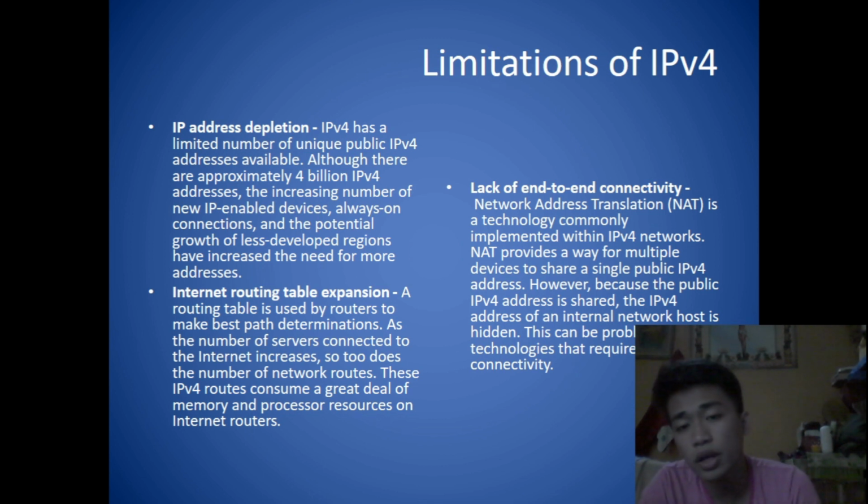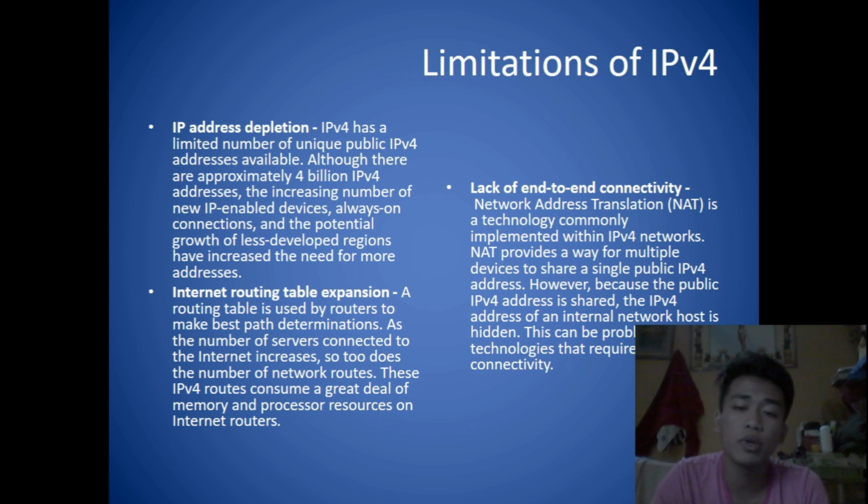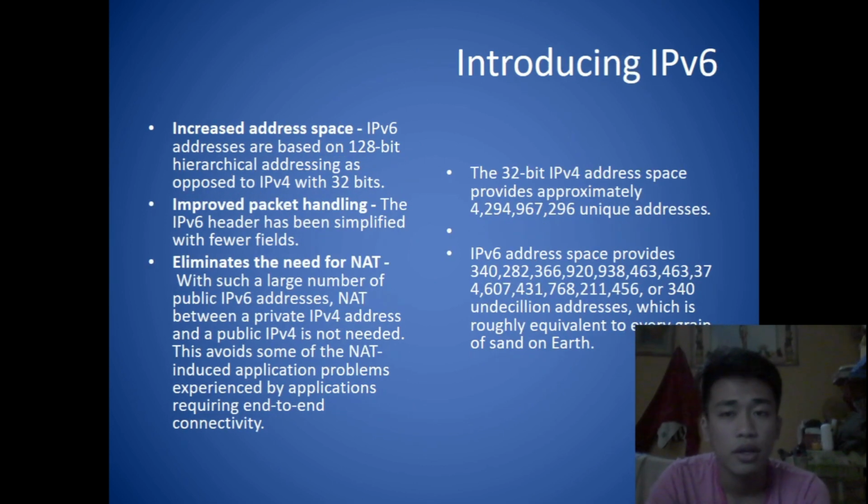The lack of end-to-end connectivity is due to network address translation, or NAT, a technology commonly implemented within IPv4 networks. NAT provides a way for multiple devices to share a single public IPv4 address. So introducing IPv6.